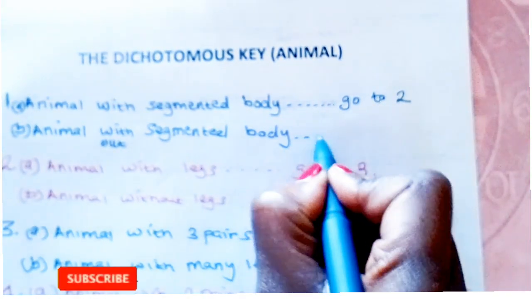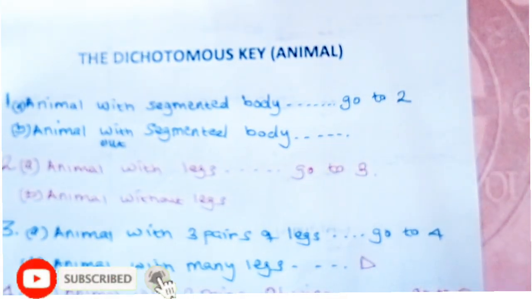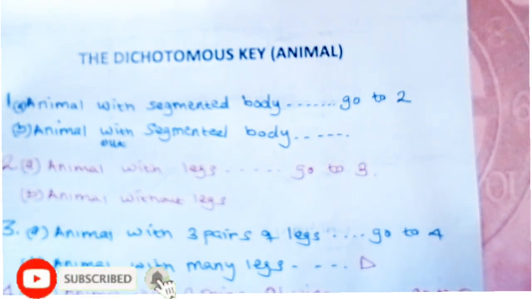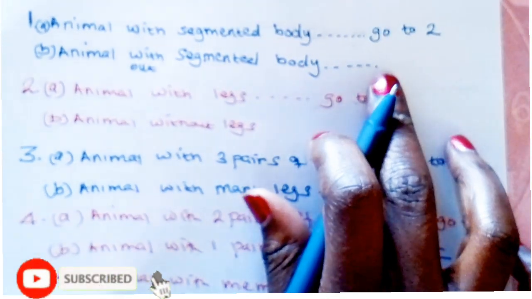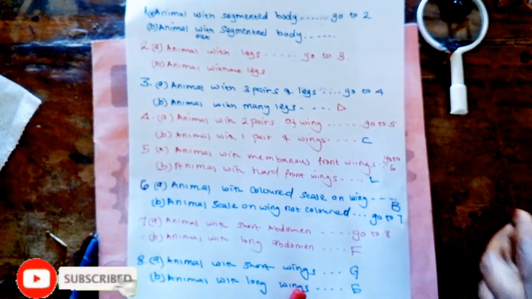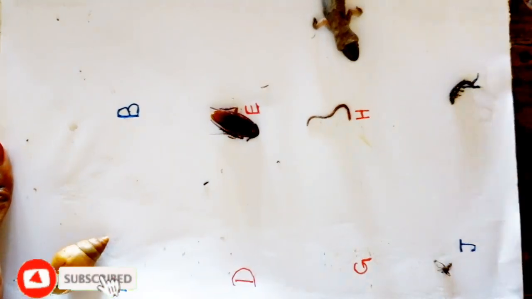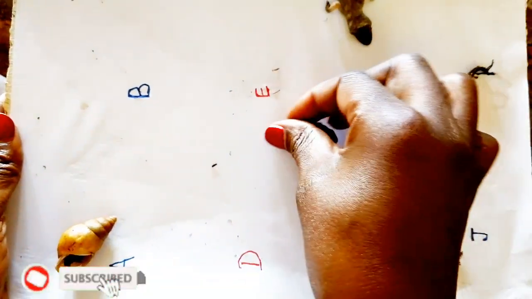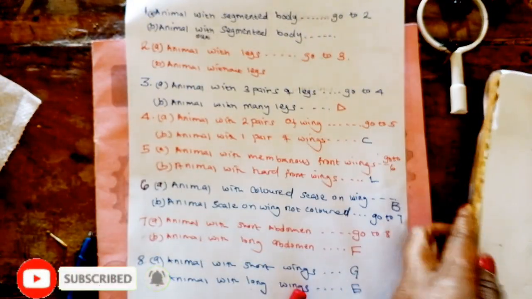So that is why here I could not say go to anywhere until we exhaust the first group of specimen that we will be providing. So we can now go. We have now identified G, so get out of our board, and E. So we go to the table, we do the same.